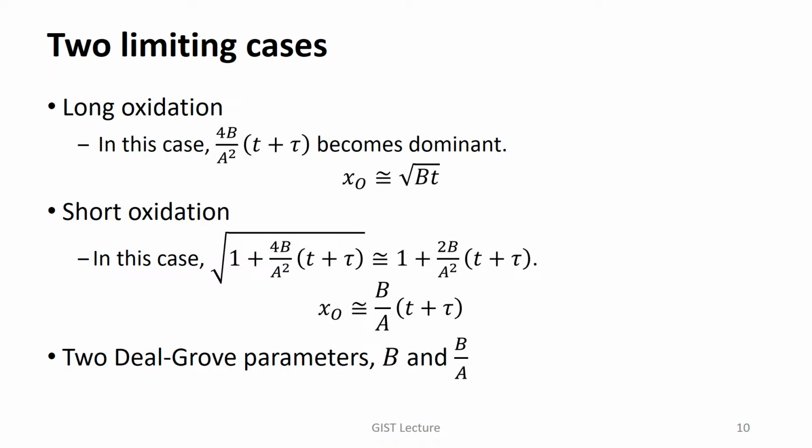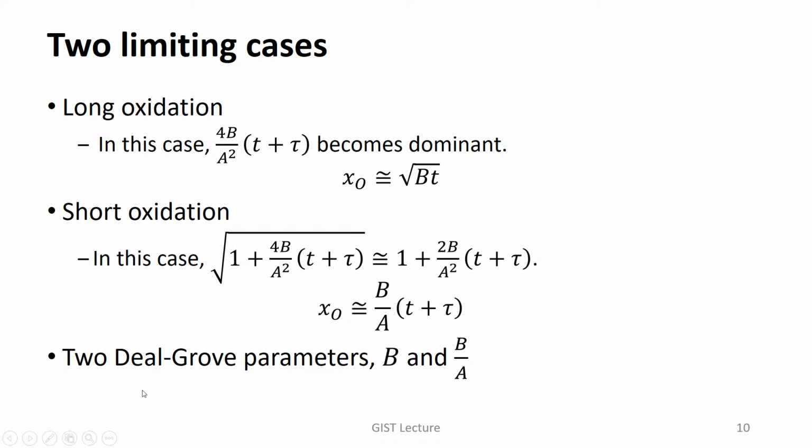Therefore, with these two Deal-Grove parameters, B and B over A, now we can well describe the oxidation process. So maybe you can ask me, where is the physics?